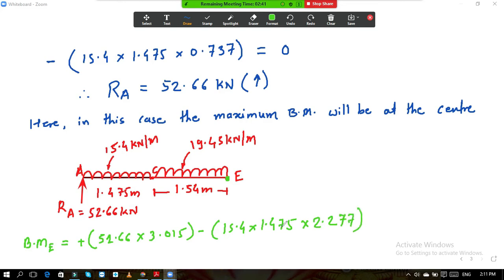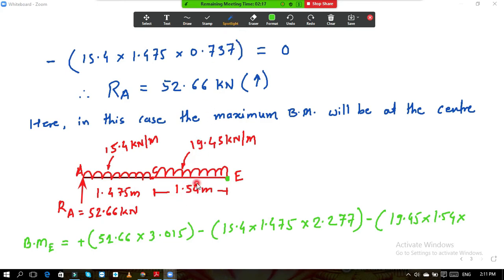2.277. Okay. Again minus this last UDL. It is 19.45 is the intensity, convert it into the point load, so multiply by span, it is 1.54 into, okay, now this load will act at the center over here.